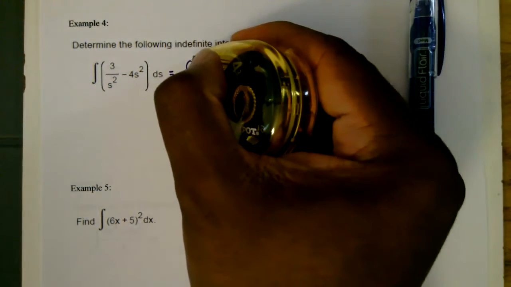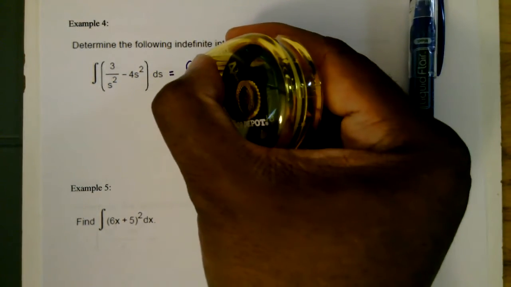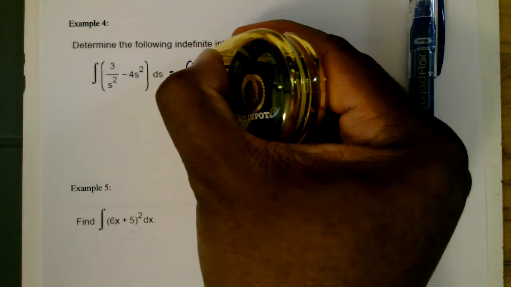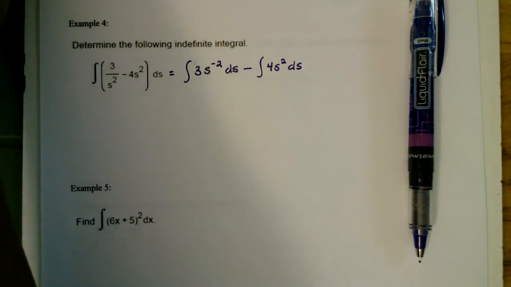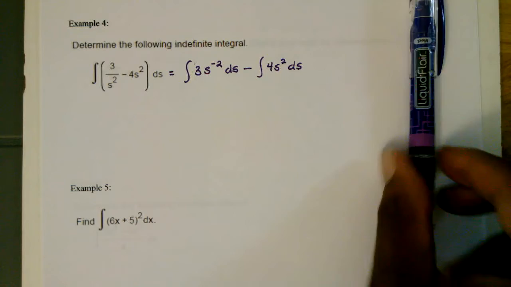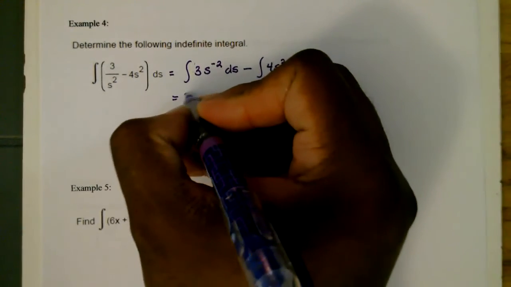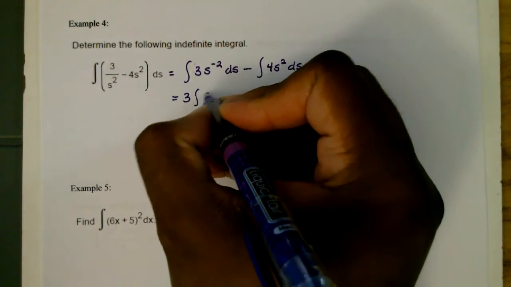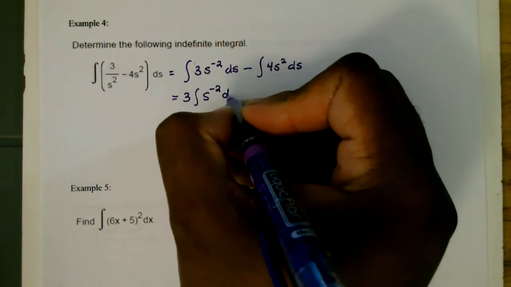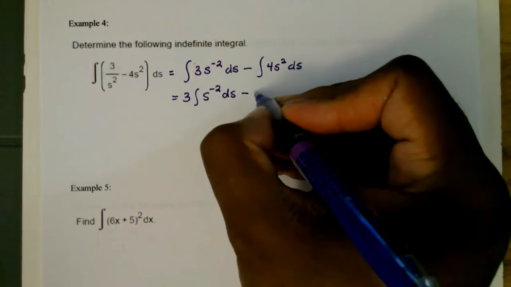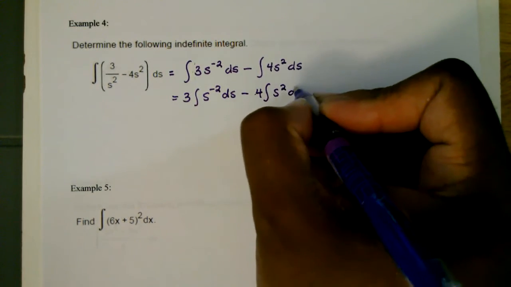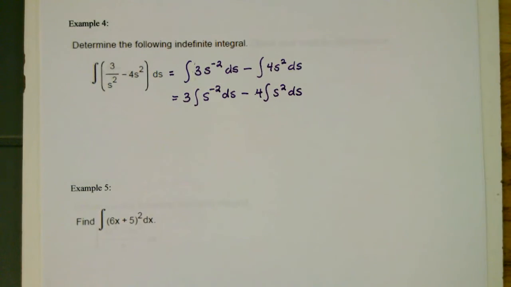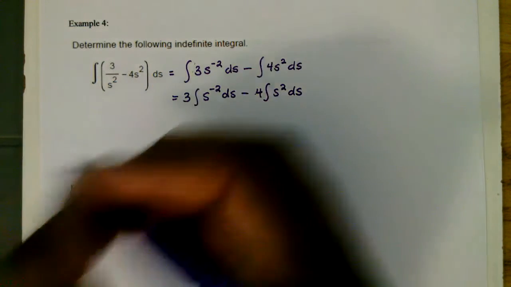All right, let me get rid of this left parenthesis here since I don't need it. There we go. Now let's use that constant multiple rule by pulling the 3 out in front. So it'll be 3 times the integral of s to the negative 2 ds minus, pull the 4 out in front, it'll be 4 times the integral of s squared ds. And then use the power rule on each of these.